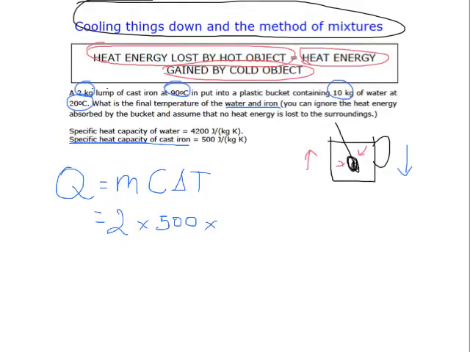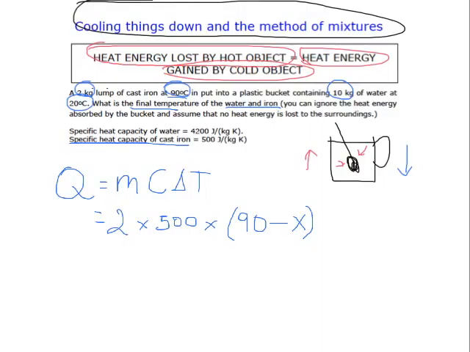Now it's gone from 90 and we don't know, because as it states here, we need to find the final temperature. But we know that it started at 90, and it became, we'll call it temperature X.